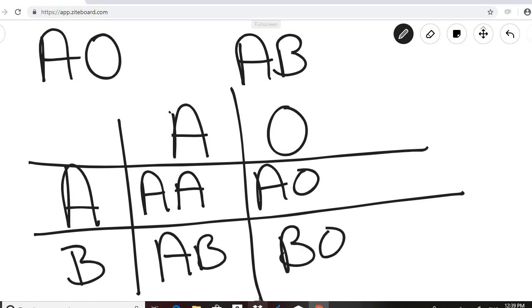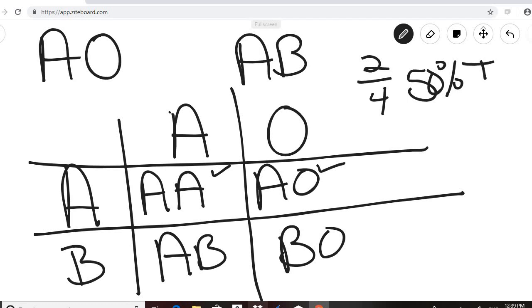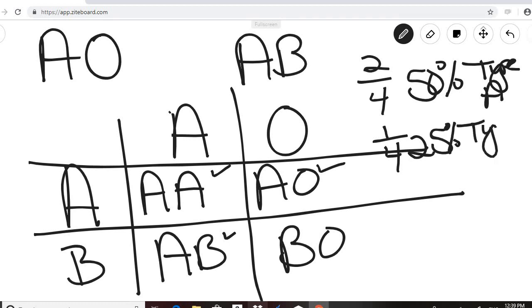Okay, so then if we look at the blood types, this is type A and this is type A. So 2 out of 4, or 50%, is type A. This is type AB, so 1 out of 4, or 25%, is type AB.